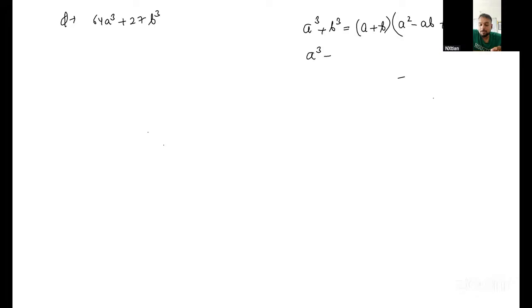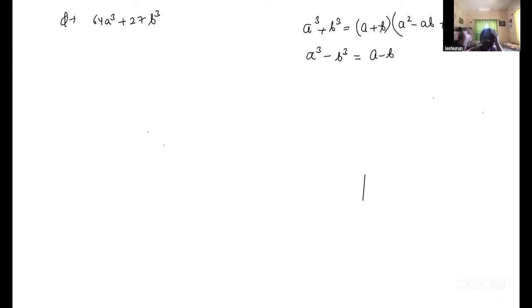What is A cube minus B cube, Jashron? Quickly speak. A minus B into A square plus AB plus B square. Yeah. So why did you forget this identity?